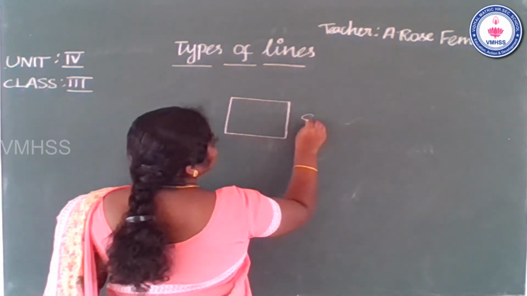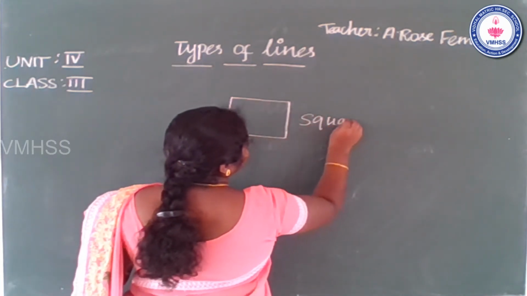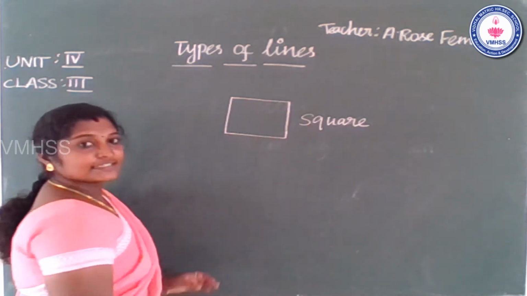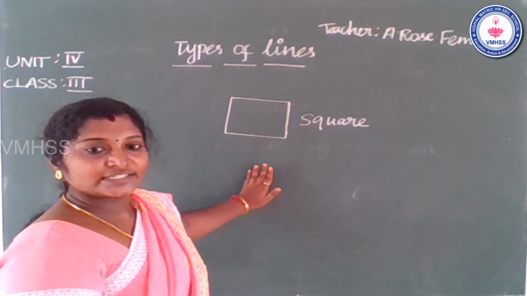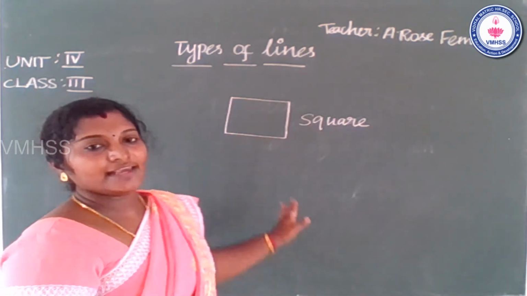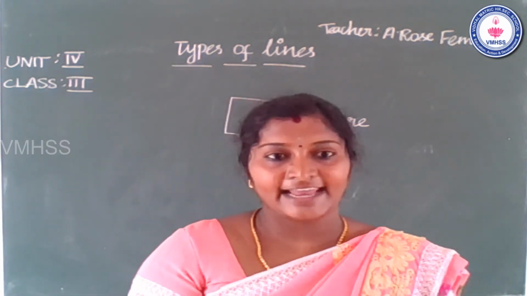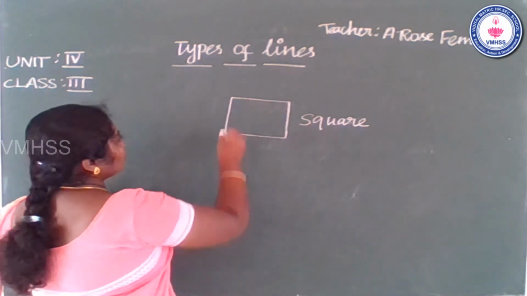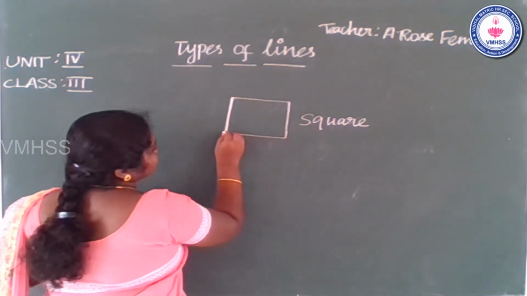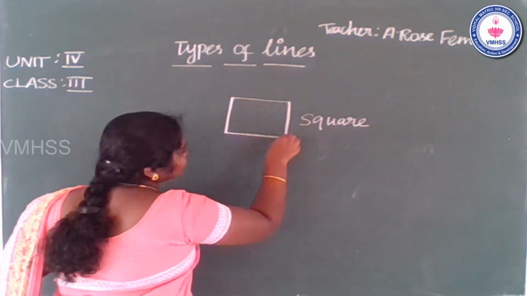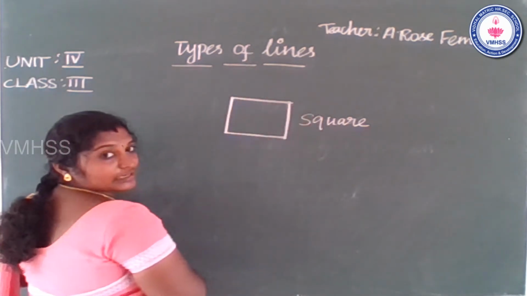This is a square. Shapes are made of connecting lines. This is the first line, second line, third line, and then the fourth line.